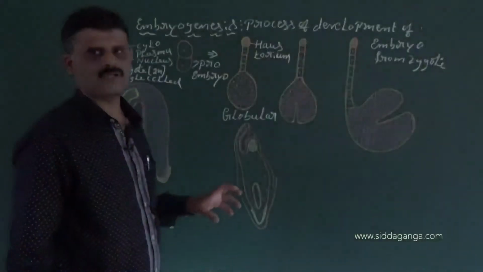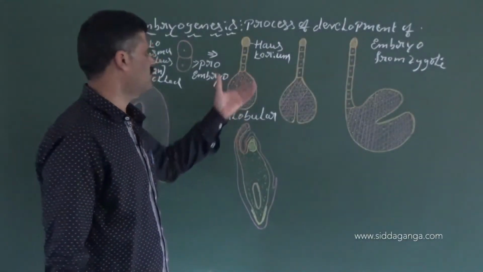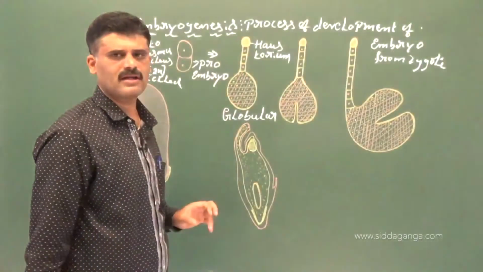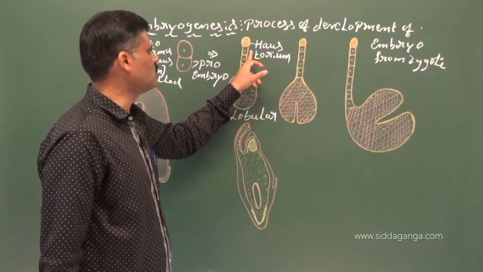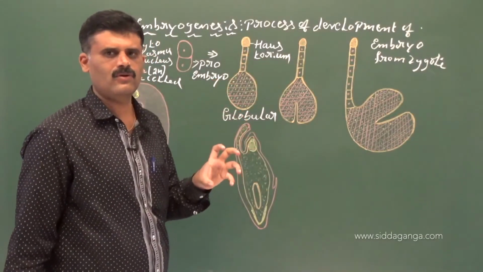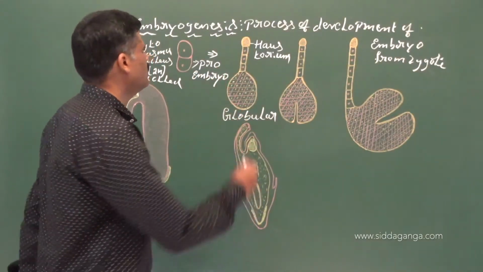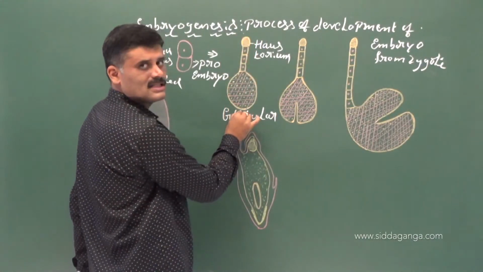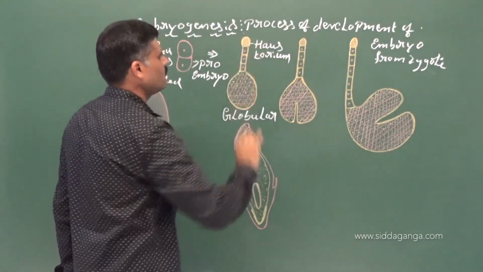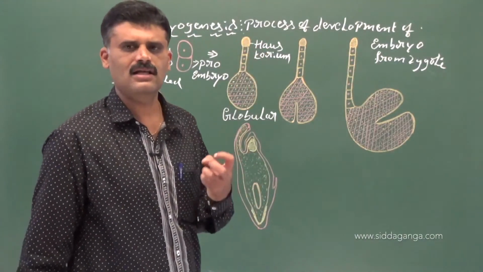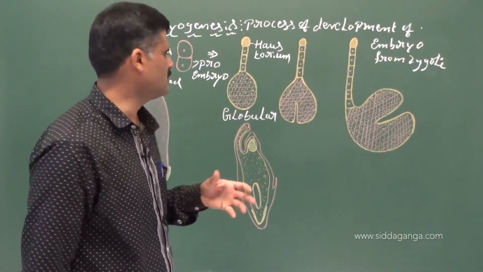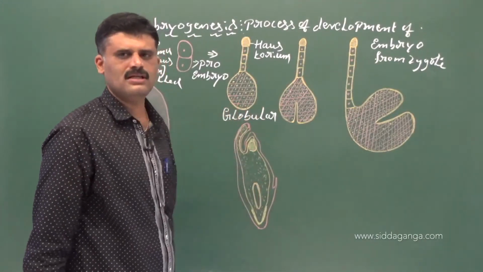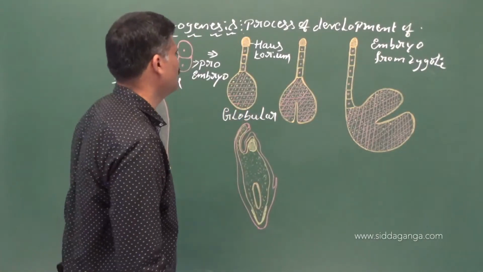The ostomium is fixed. It fixes the embryo inside what? Inside the micropylar region. So the ostomium fixes the embryo inside the embryo sac in the micropylar region. See, this is the micropylar region. These are the chalazal end. So the ostomium firmly fixes the embryo in the micropylar region, and the other parts of the embryo grow towards the chalazal end.